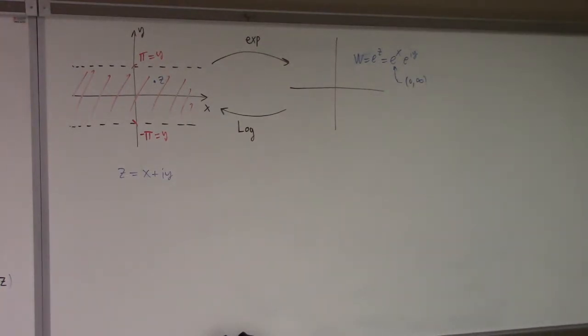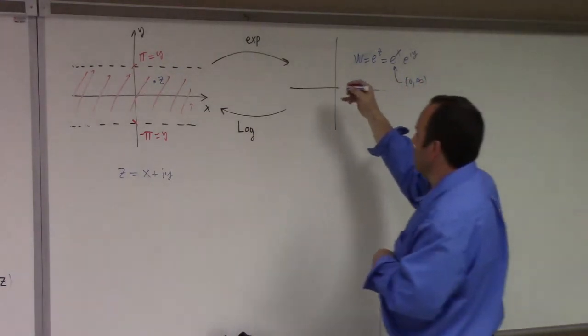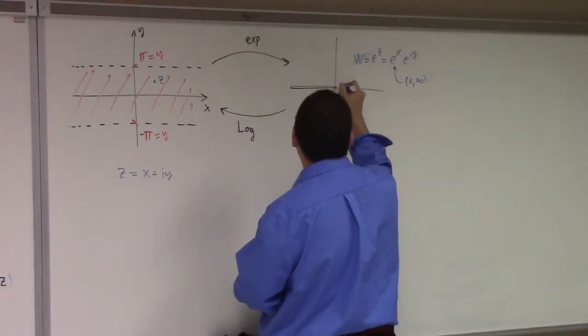And how about e to the iy? Well, that determines the direction of the output. The input's going from minus pi to pi, which means it's sweeping all the way around. It's just not hitting this axis, this piece over here.